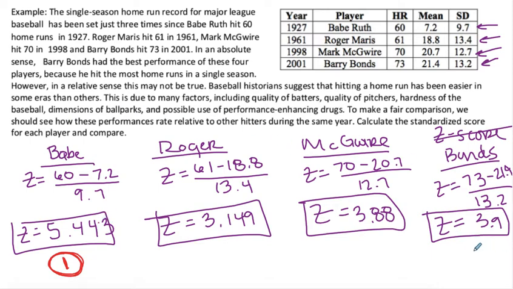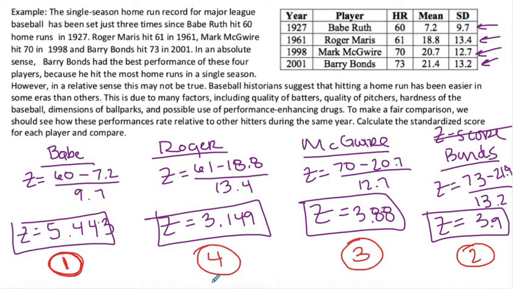And then we'd have Barry Bonds here. Again, he's doing a phenomenal thing. There were not a lot of people doing that, but he would be ranked second. Then Mark McGwire, and then in last place Roger Maris compared to the rest of the groups. These men did phenomenal things for baseball.